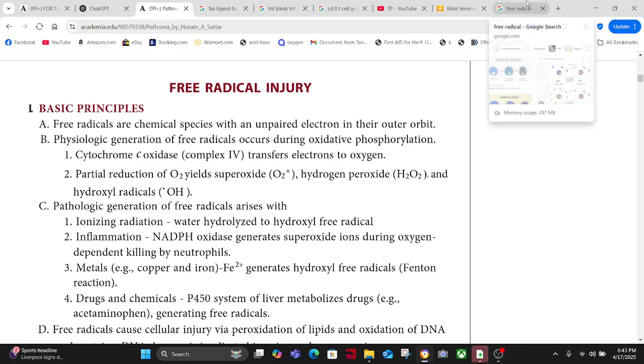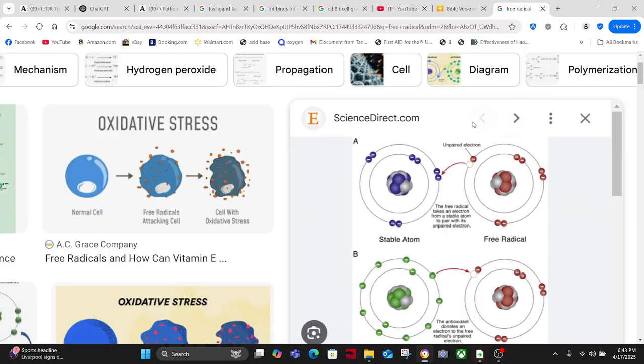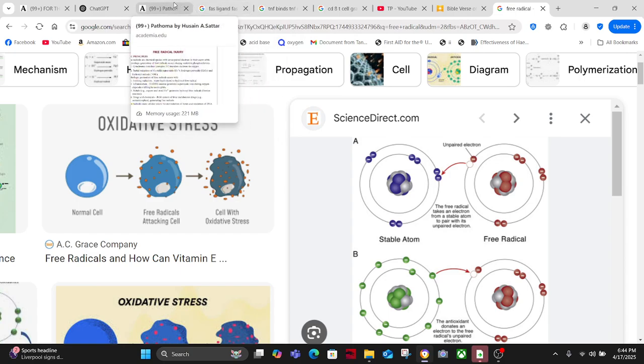So this is a free radical. See this one? This is an unpaired electron in the outer orbit. See these other ones, they're all paired. Because this one is unpaired, that would make this a free radical.